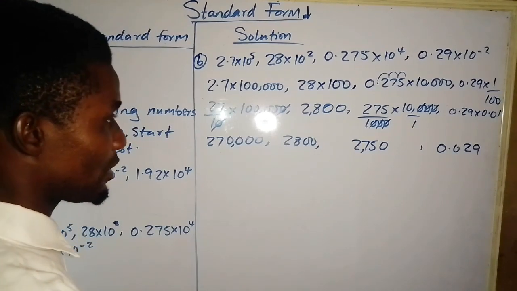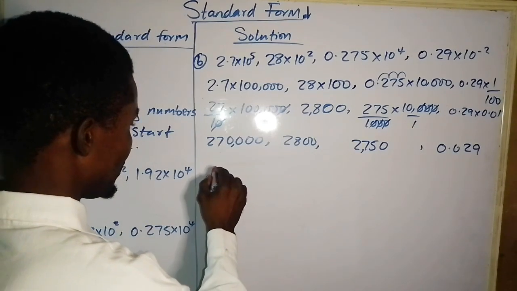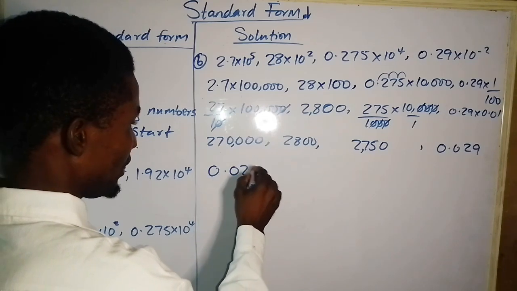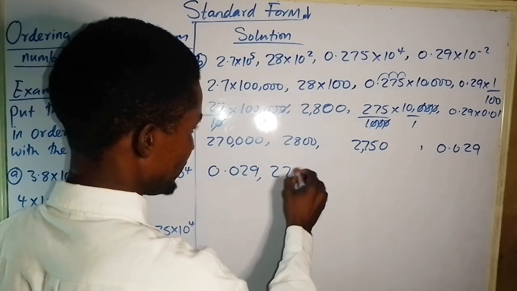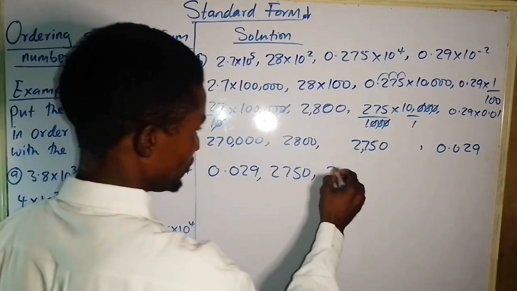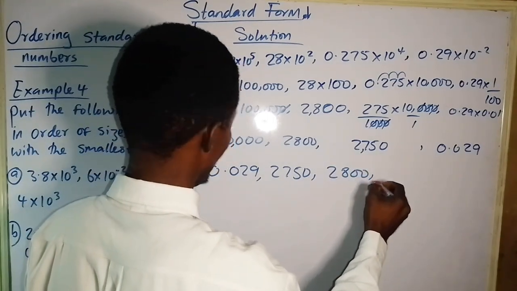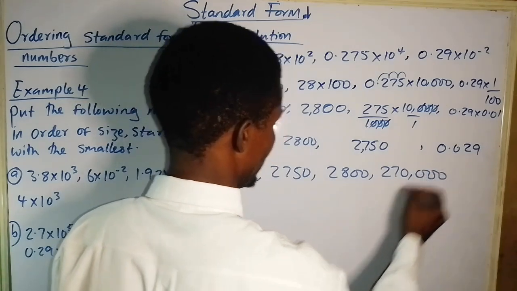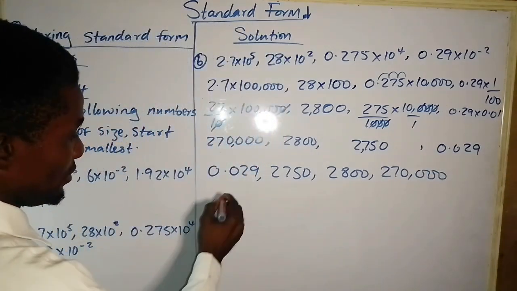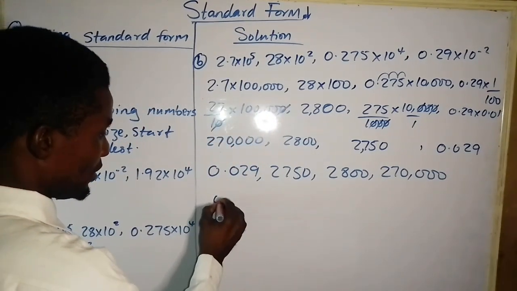From the smallest to the biggest, the smallest number here is 0.29, comma, 2,750, comma, 2,800, comma, 270,000. Let's take the standard form numbers.